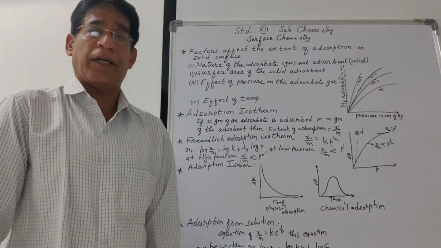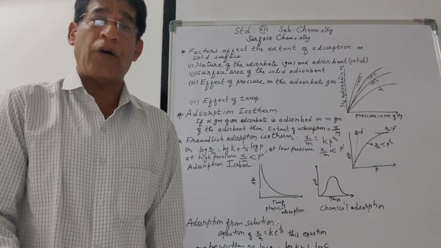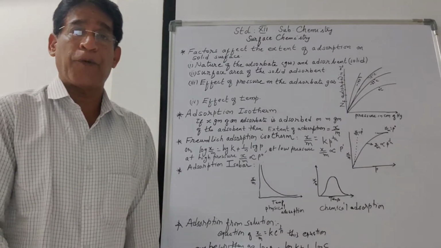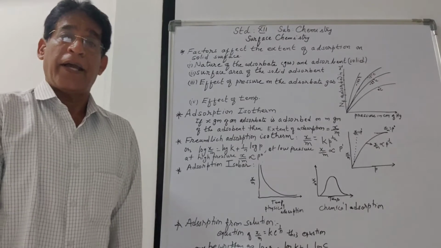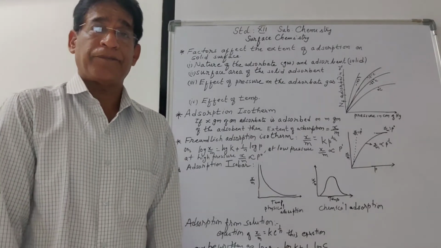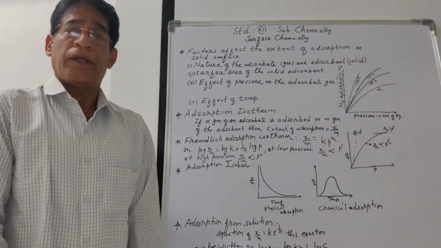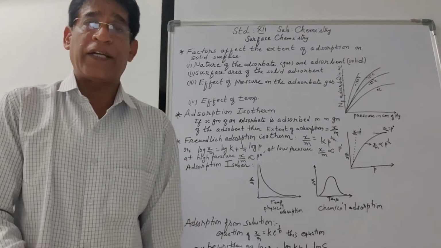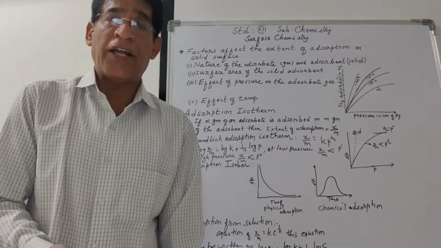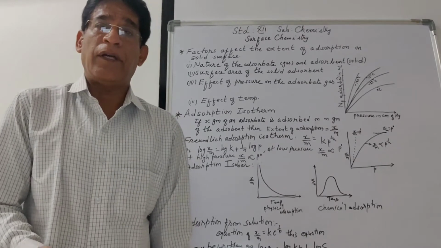At low pressure, the extent of adsorption is found to be directly proportional to the pressure. And at high pressure, close to the saturation vapor pressure of the gas, the adsorption tends to achieve a limiting value.